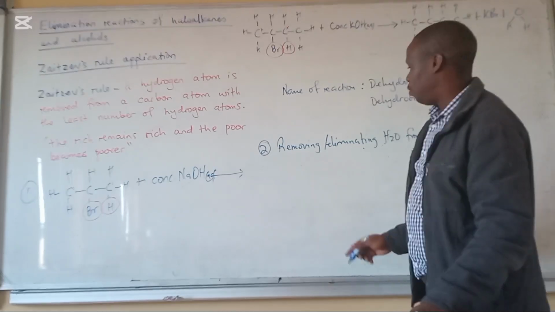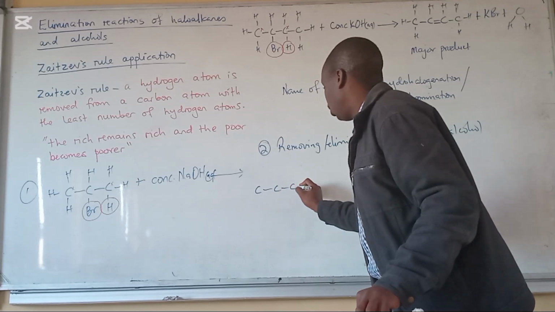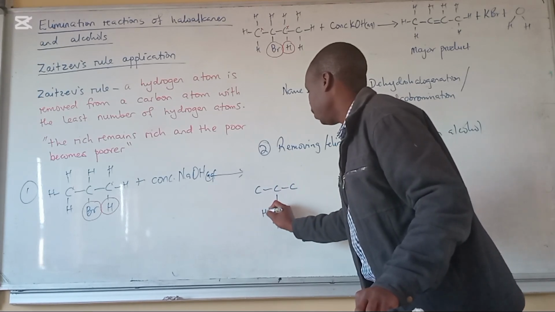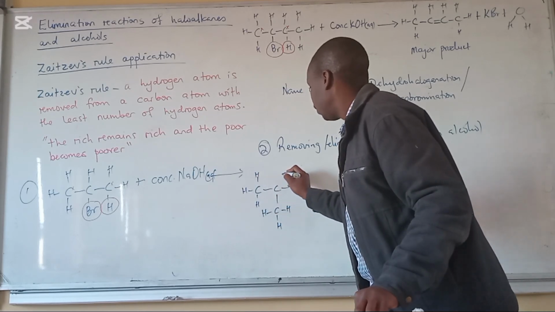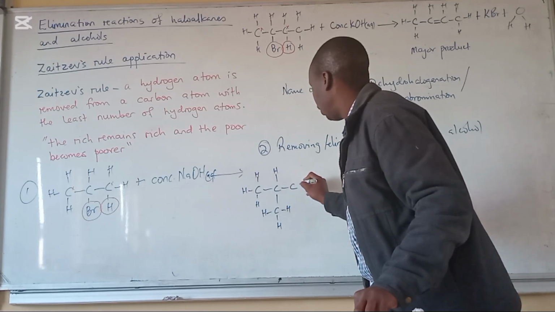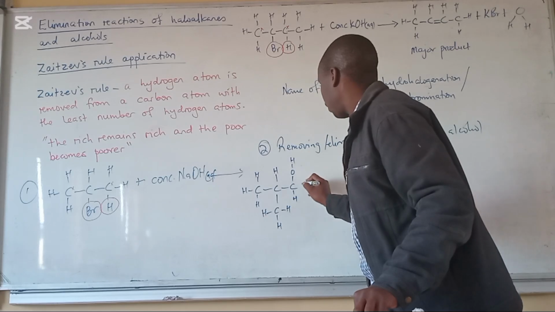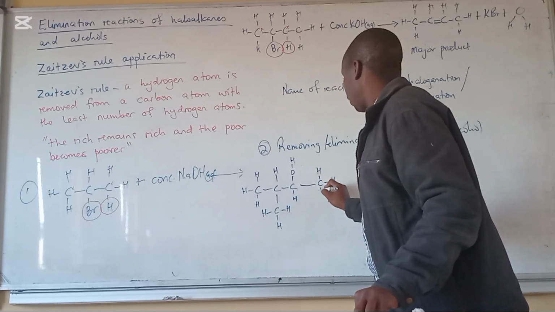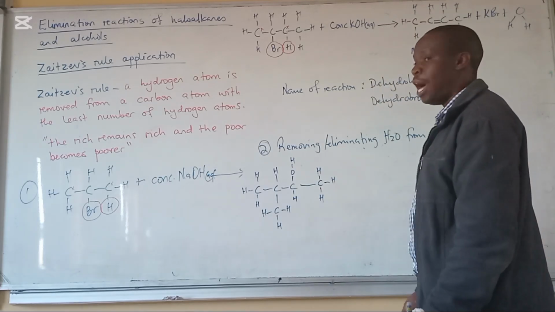I'm going to make use of this compound. 1, 2, 3. Let me just put a branch here. Okay, so that is the alcohol.